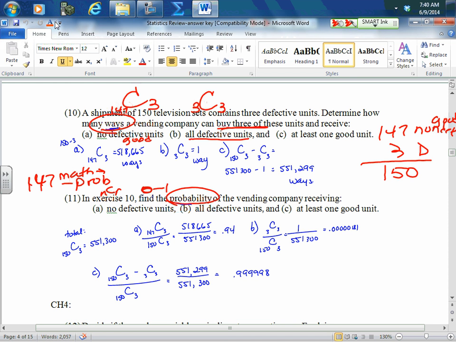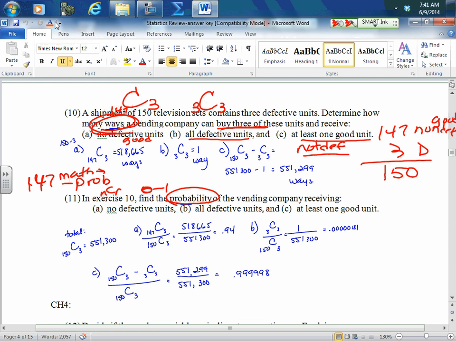And then the last one says, how many ways do you get at least 1 good unit? Now, at least 1 good unit says, I want 1 good unit, 2 good units, or 3 good units. The only thing you don't want is no good units. No good units means your defects. Don't want your defects in this.